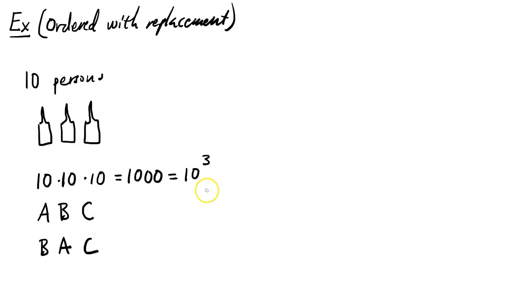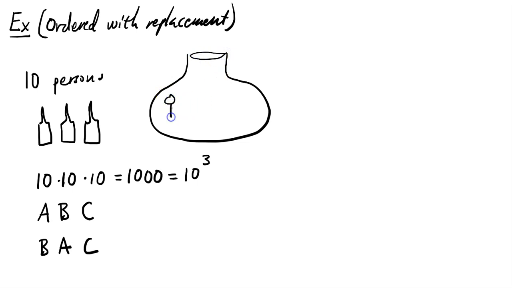Okay, so we can think of it as a draw. We have a huge urn, so similar to this situation, we have a big urn, and we have 10 different persons. Okay, so you have 10 of these here.